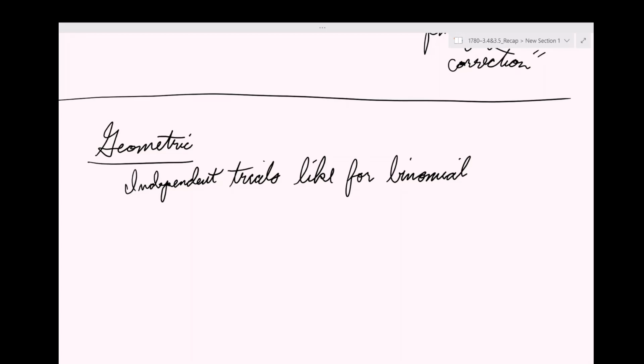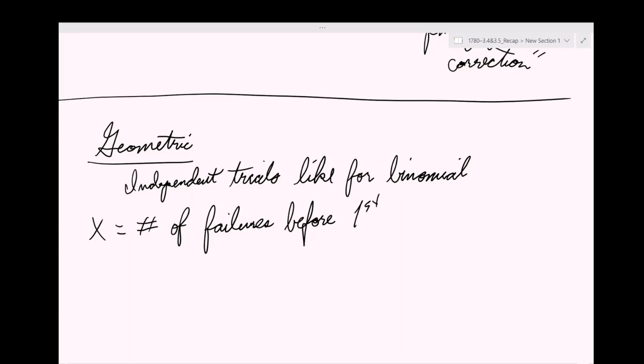So what the random variable is going to count is the number of failures before the first success. Now, it's really important you remember you're only counting the number of failures before that success. So if your success is happening on the 20th trial, then your little x is actually 19. So that's something we have to be careful about.